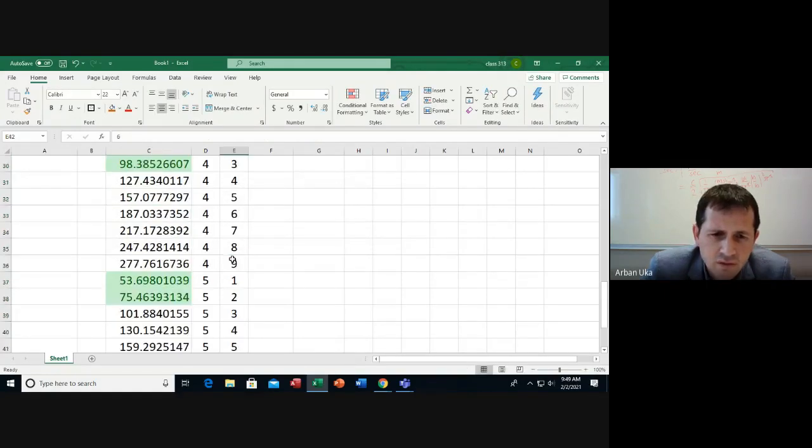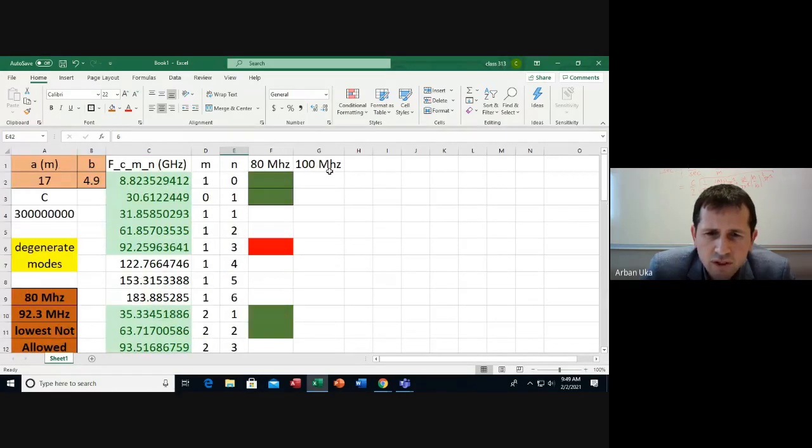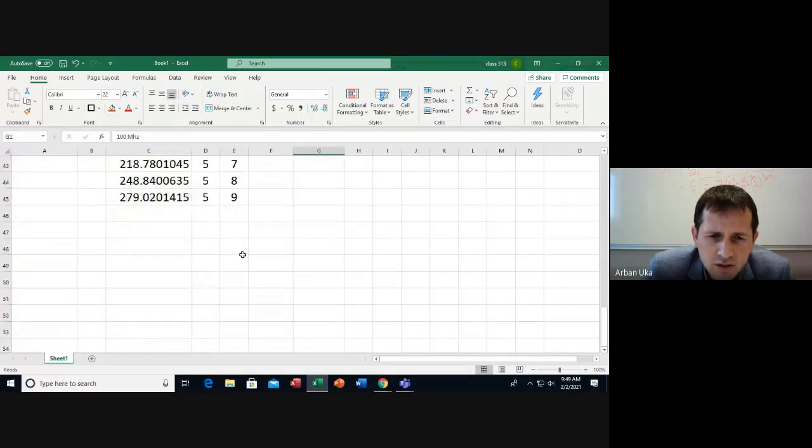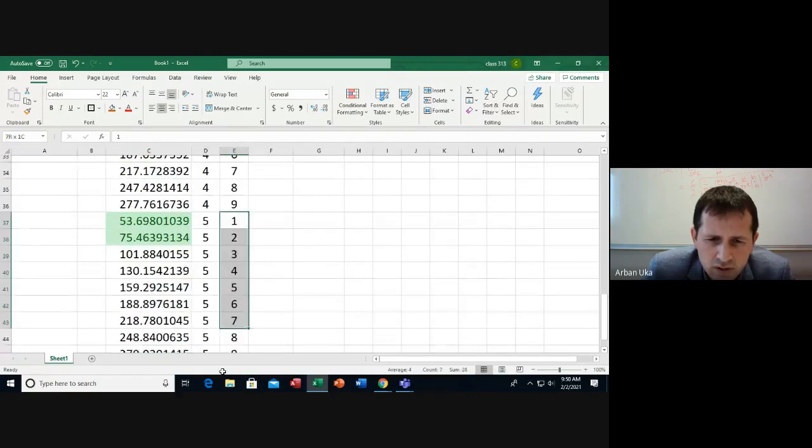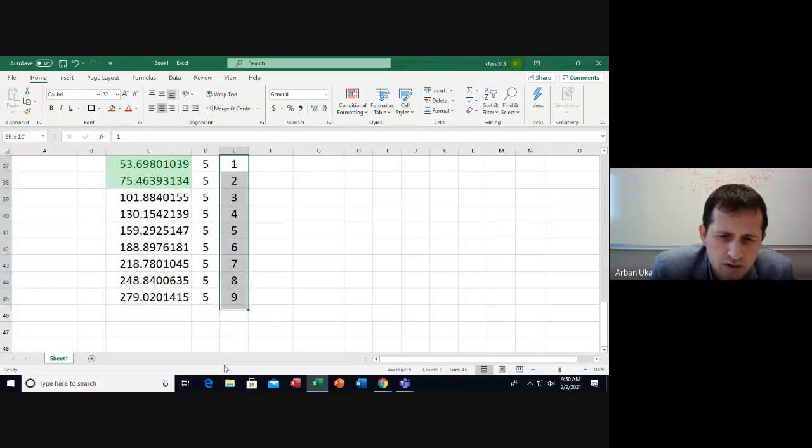Okay, so the modes which are allowed now, because we are considering for the moment the mode of 100 megahertz, we have allowed 1 2 up to 5. Actually, it might be interesting if we check also what goes on with one of the modes being 6.